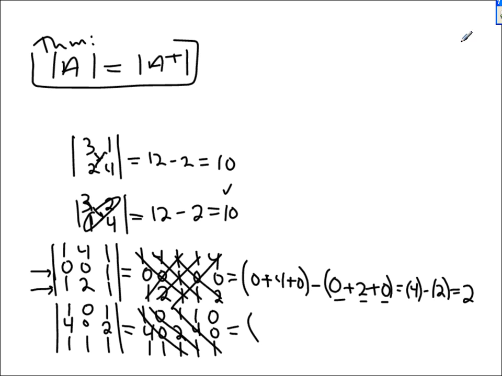This product is 4. Minus. This product is 0. 1 times 2 times 1 is 2. And that product is also 0. So you just have 2. 4 minus 2 is 2. And yeah, they are equal. They really, really are equal.